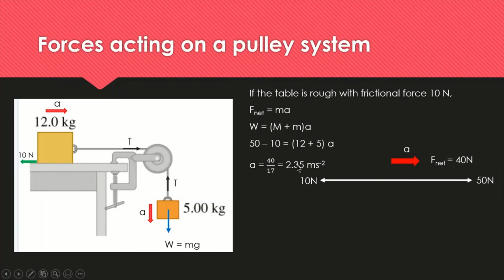Obvious, isn't it? When it is rough, obviously the frictional force will not allow the object to move equally fast, right? So it will accelerate at a lower rate.